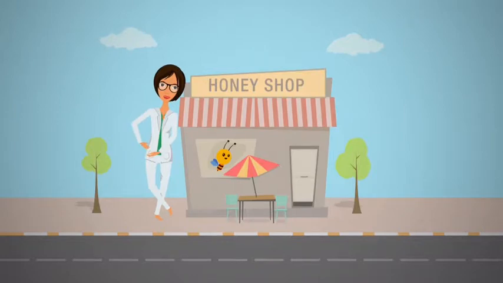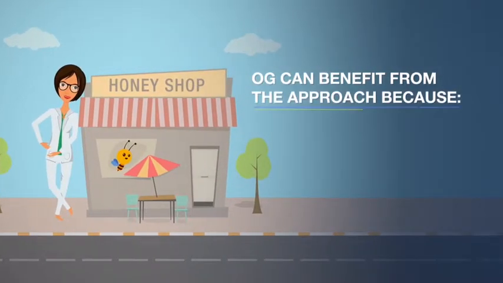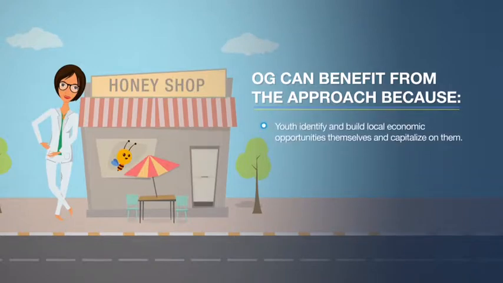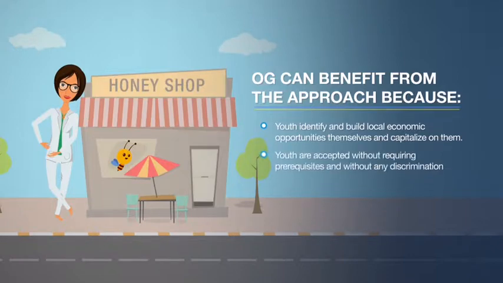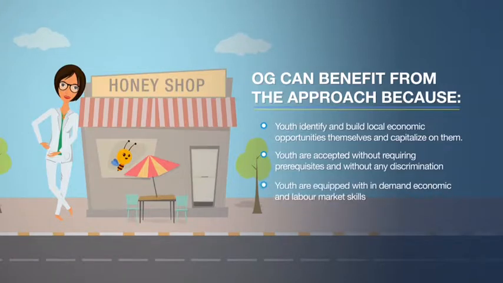Interesting. Where do opportunity groups see the benefits of the approach? OG can benefit from the approach because youth identify and build local economic opportunities themselves and capitalize on them. Youth are accepted without requiring prerequisites and without any discrimination. Youth are equipped with in-demand economic and labor market skills.